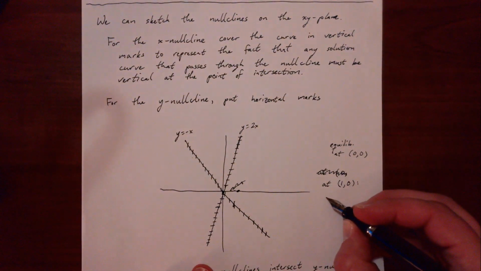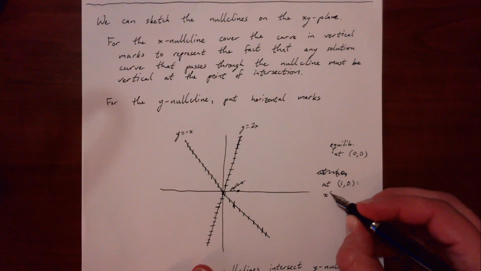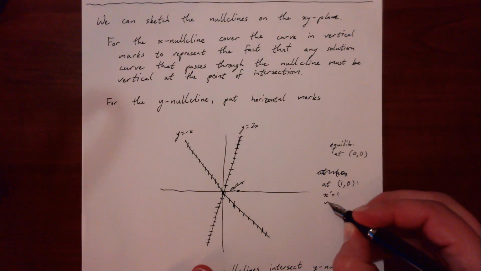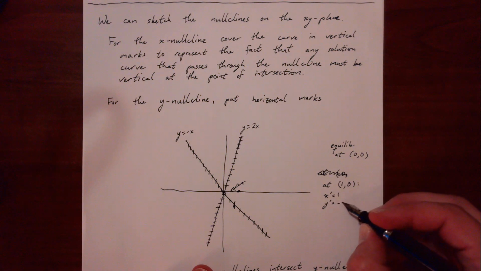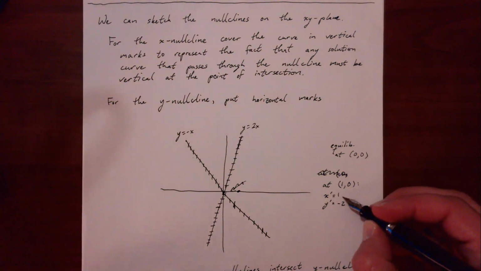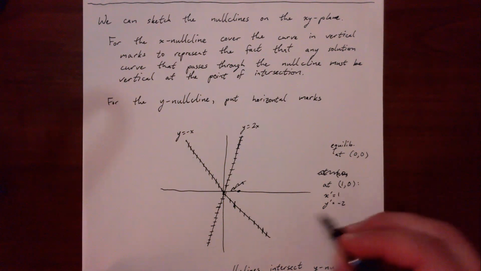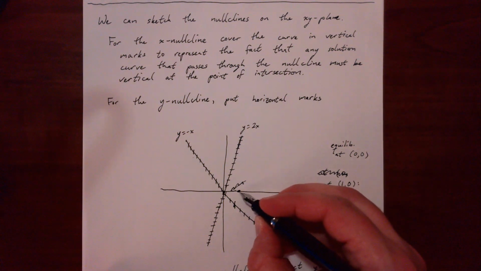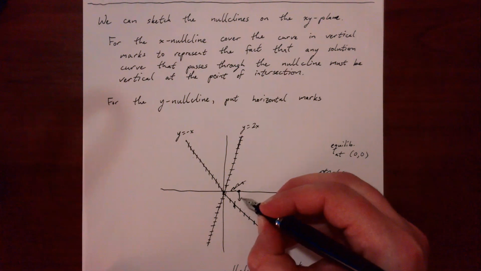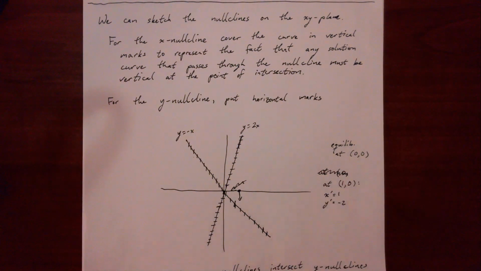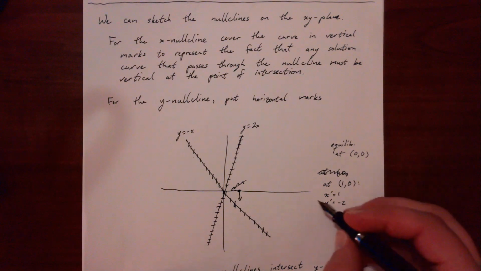So that's x equals 1, y equals 0. x prime equals 1, y prime equals negative 2. So that means we are going positive in the x direction and negative in the y direction. And so that means we are talking about a curve that's going like that. So it's going down. Good to know.